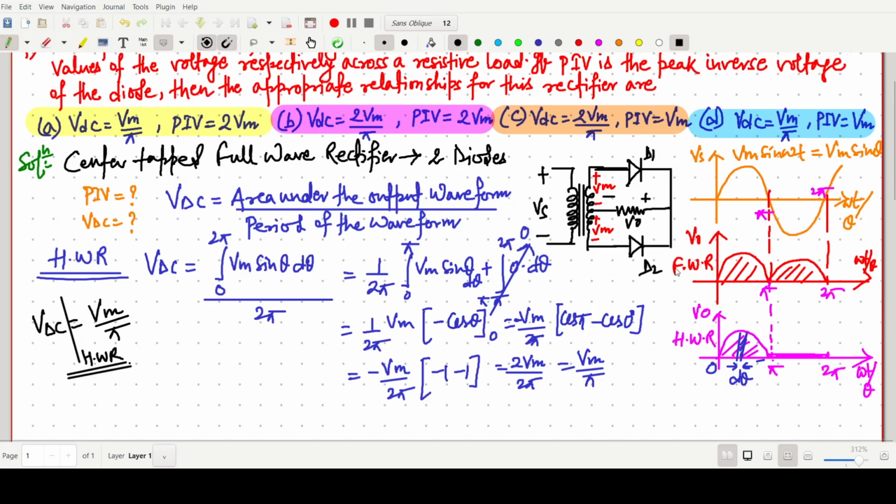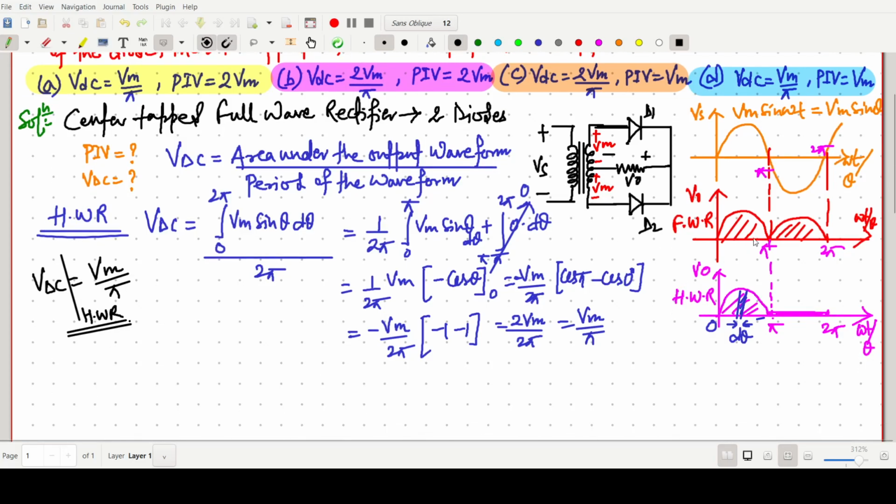But in case of a full wave rectifier, both areas should be added, A1 and A2. So we can write VDC for the full wave rectifier directly as twice Vm by pi, 2 Vm by pi. I am not doing this part; you can also derive it for the full wave rectifier from this formula.